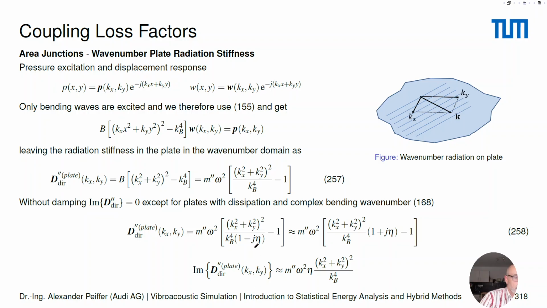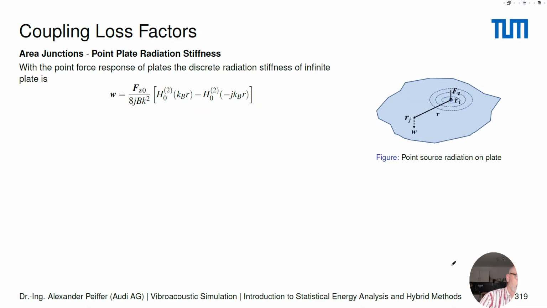We have to express the bending wave number using our complex formula of it. And in that case, we would get this expression here for the plate with damping. But again, only for a damped plate would you get a reasonable imaginary part of your radiation stiffness. So again, you have to note, for practical purposes, this is not usable. It looks nice, but we cannot use it for area junction calculation.